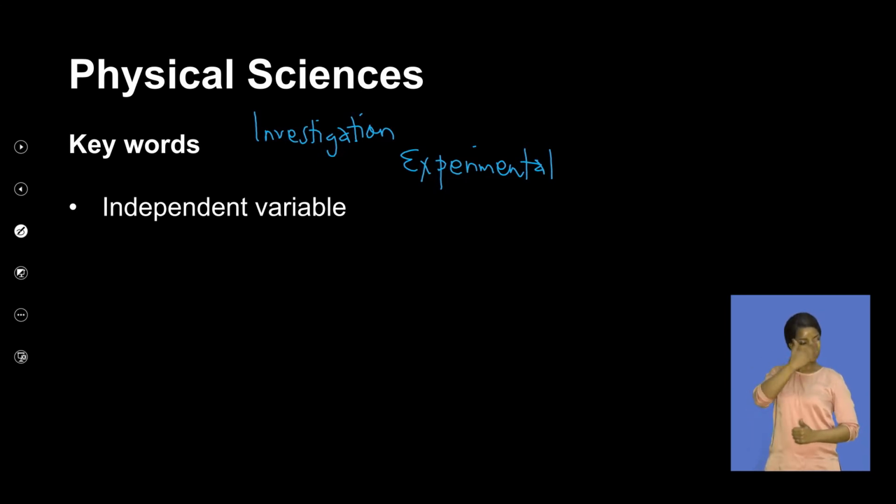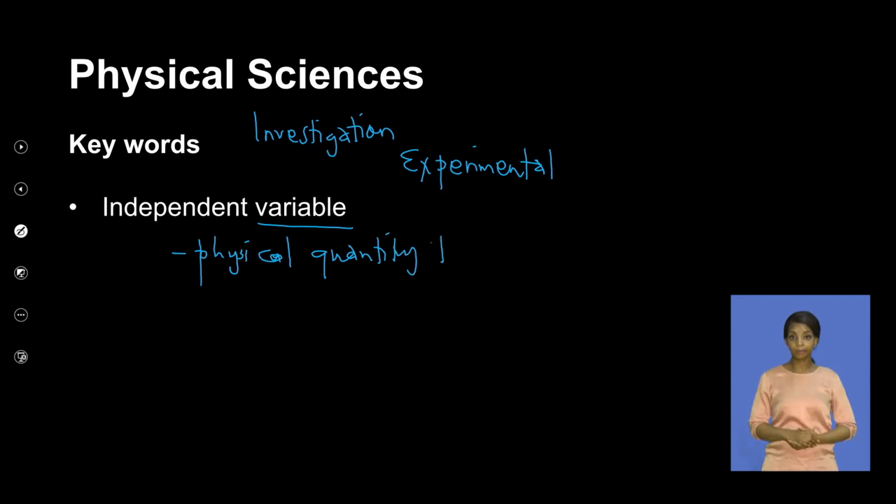A variable is essentially something that changes. If we talk about an independent variable, we're talking about the physical quantity that is manipulated.